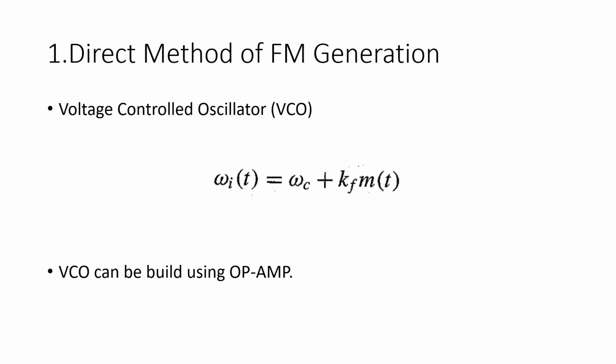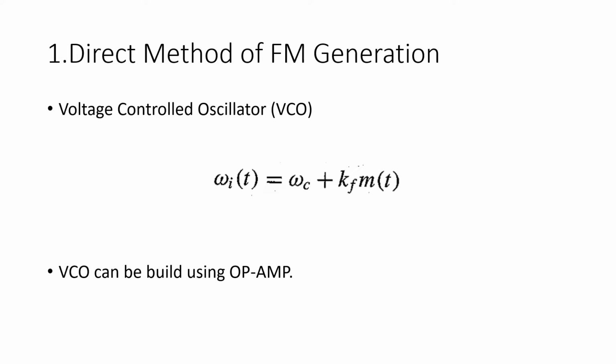Similarly, as information signal amplitude changes toward negative value, the frequency of the carrier starts to change to value less than omega c. So, resulted FM signal has variable frequency with respect to the amplitude of information signal.